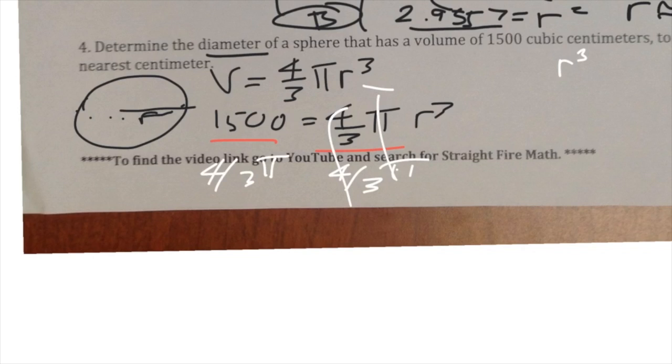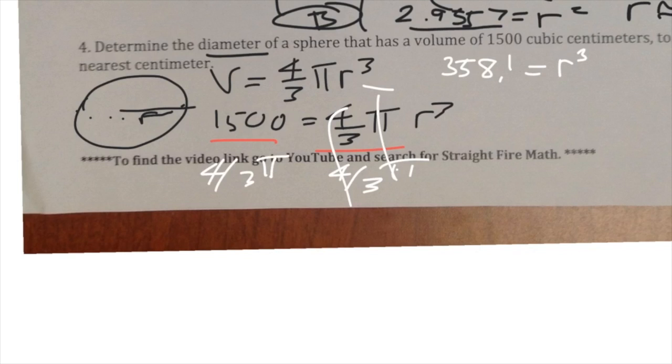So my r to the 3rd power comes out to be around 358.098. So it's about 358.1. I'm not going to round yet.